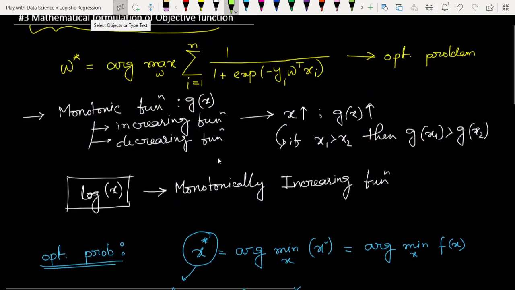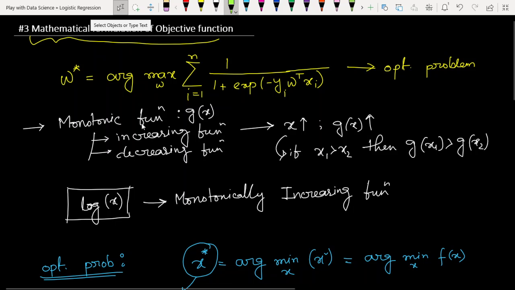First, this is our main function. We want to find the maximum value of this function. Now if we apply some theorem to this function, we have to modify it for ease of our calculations.